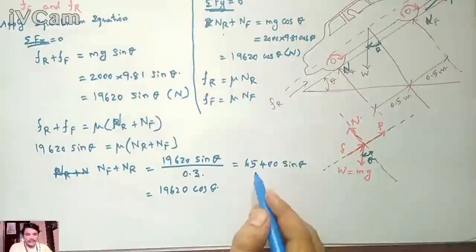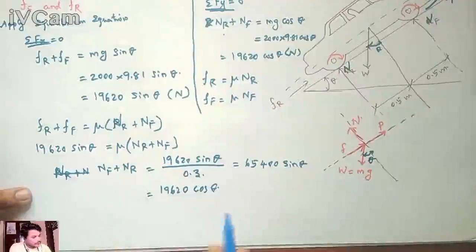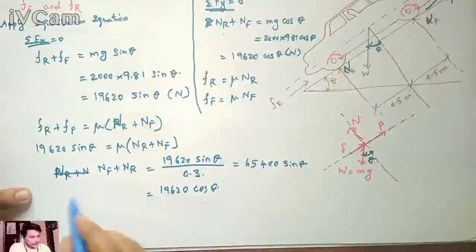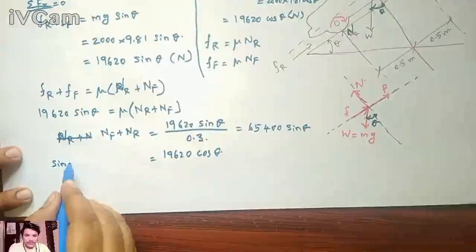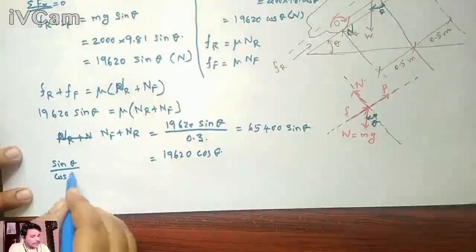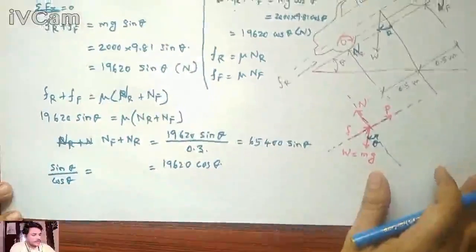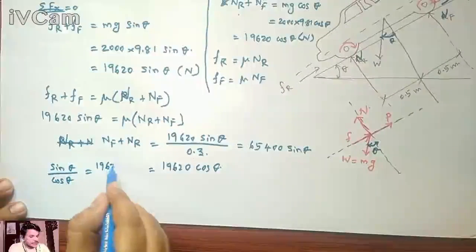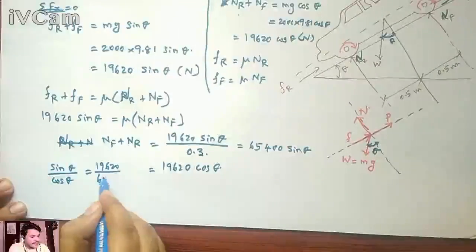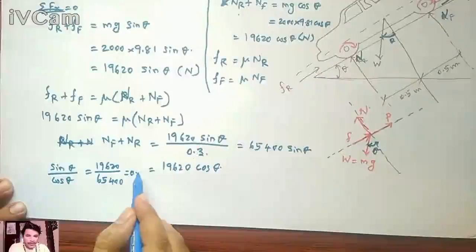You will get sin theta by cos theta equal to 19620 divided by 65400, which is equal to 0.3.